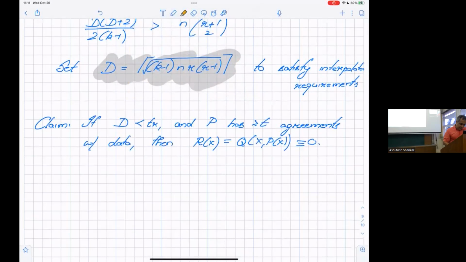This is a claim which we have to prove, but let's defer this proof for a few minutes.